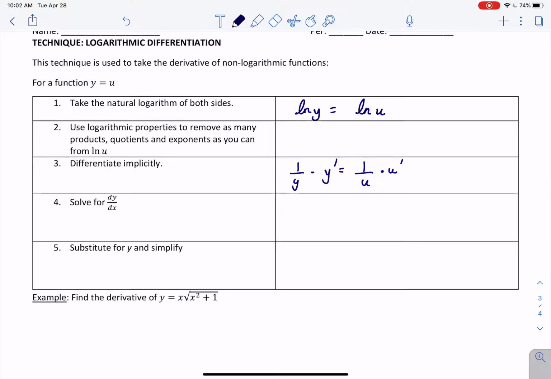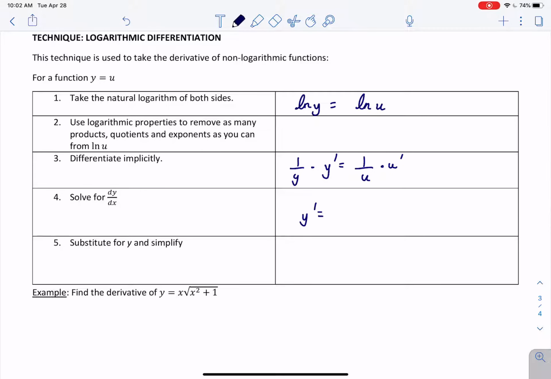And then we can move the y to the other side to solve for dy/dx. And then lastly, substitute for y and simplify it. So then we'll substitute u in for y, and we can simplify it. And in the end, we'll just get what u prime is.